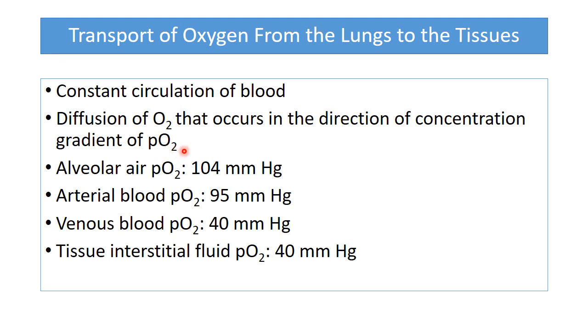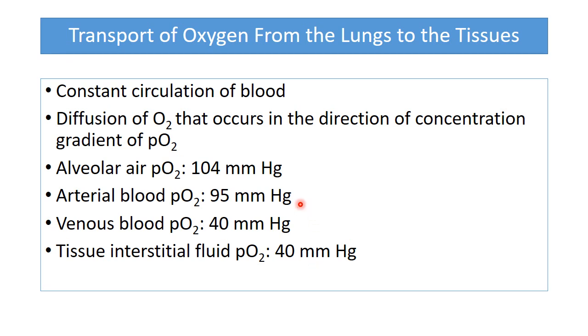of oxygen. Here are the partial pressures of oxygen that you have to keep in your mind. The partial pressure of oxygen in the alveoli is 104 mmHg, while in the arterial blood it is only 95 mmHg, and the venous blood and the tissue interstitial fluid have a partial pressure of oxygen around 40 mmHg.